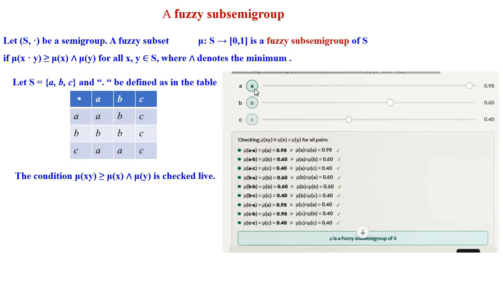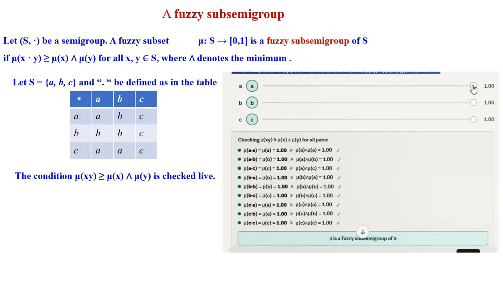So we can see that as I change my a value between 0 and 1, and similarly for b and c, how this is satisfied. Suppose I consider the extreme value for all of them, then this is what we have. We have 1 here, and here also the minimum is 1, and here also you have 1.